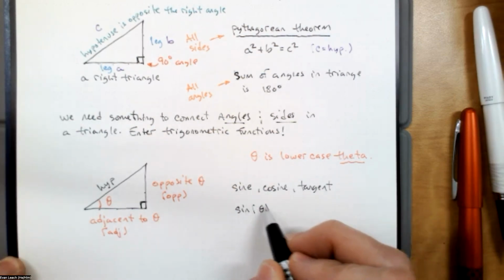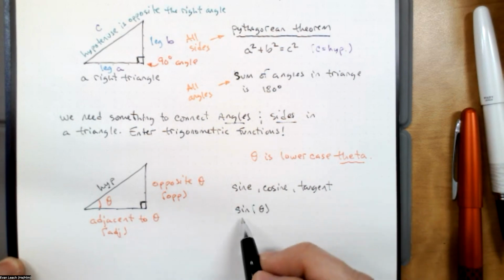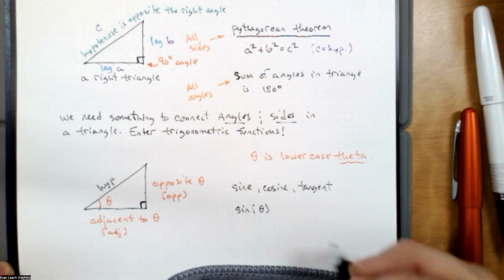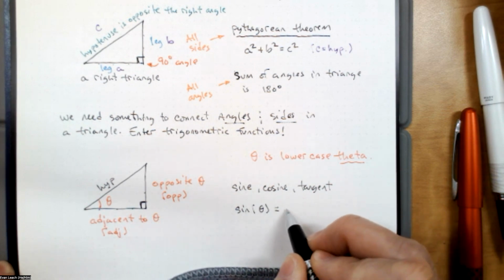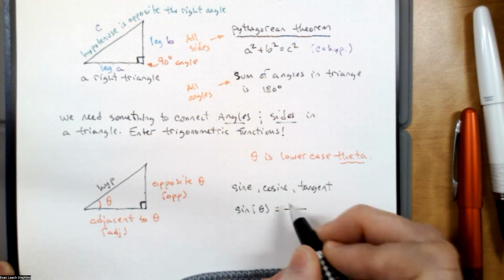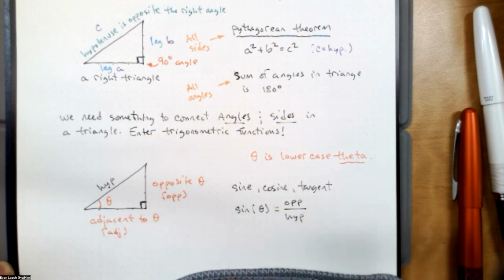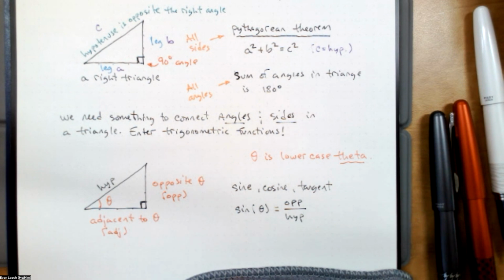So sine, then parentheses, we put theta, and we say this as sine of theta. Does anybody know what sine of theta is? We say sine of theta is opposite over hypotenuse.